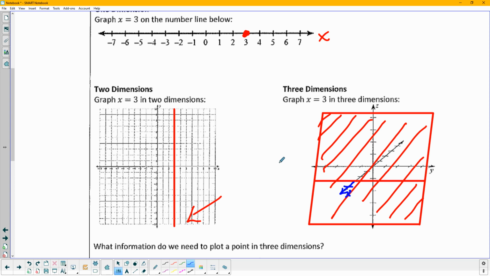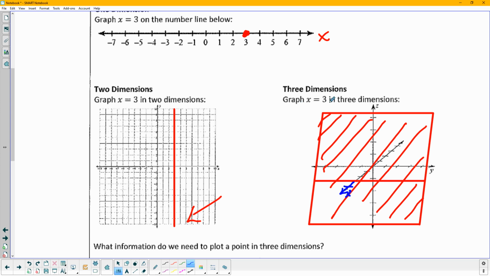So the next thing that I want to talk about is what would it take. We just saw that I had x equals 3. So I was very particular about one value. And when I escalated that through the dimensions, it changed its geometric shape. It went from a point to a line to a plane.